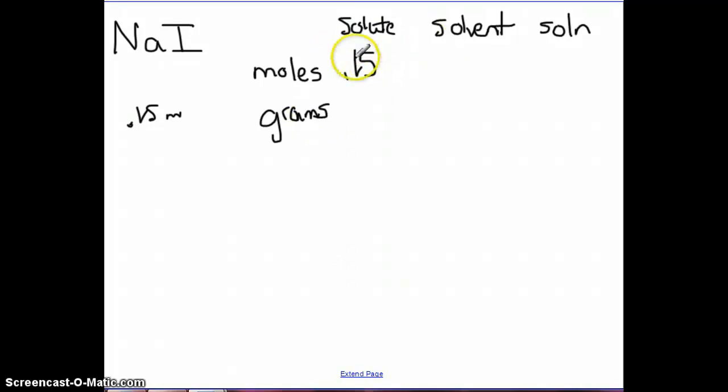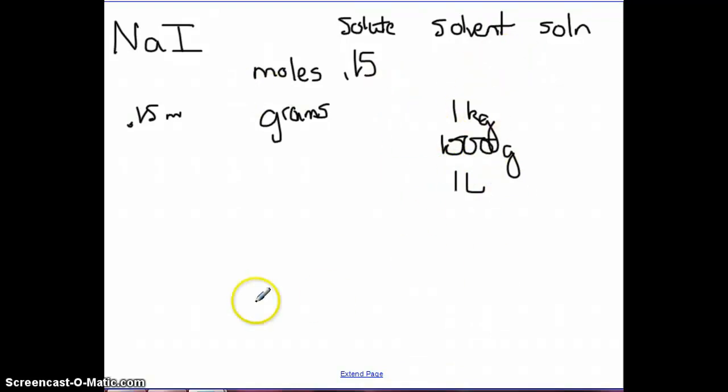And if we have 0.15 moles, that means that our solvent had to be 1 kilogram, which is the same as 1,000 grams. So we have 1 kilogram, which is 1,000 grams, which is also 1 liter. Liters are volumes, not grams, but just so we know.